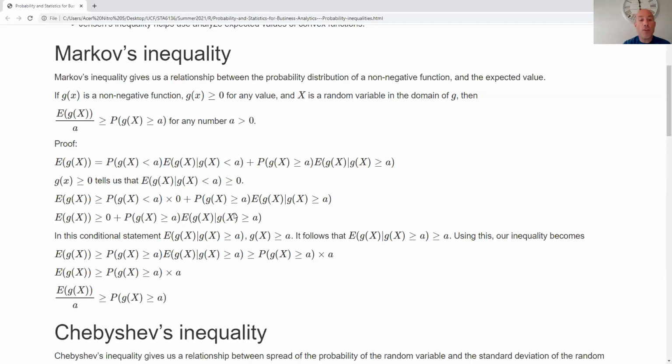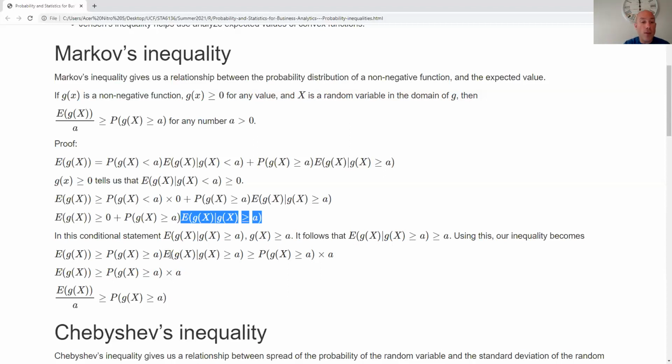Okay, well now let's look at this part right here. I look at that and I realize that I'm conditioning where G is greater than or equal to A. All right, so in this conditional part, G is greater than or equal to A. That tells me that this part has to be greater than or equal to A. Well, it follows that the entire expected value has to be greater than or equal to A. Okay, so what I'm going to do, I'm going to replace this part with A because I know that this has to be greater than A. So what I'm doing again is I'm doing another inequality that I'm shifting farther in the lesser direction.